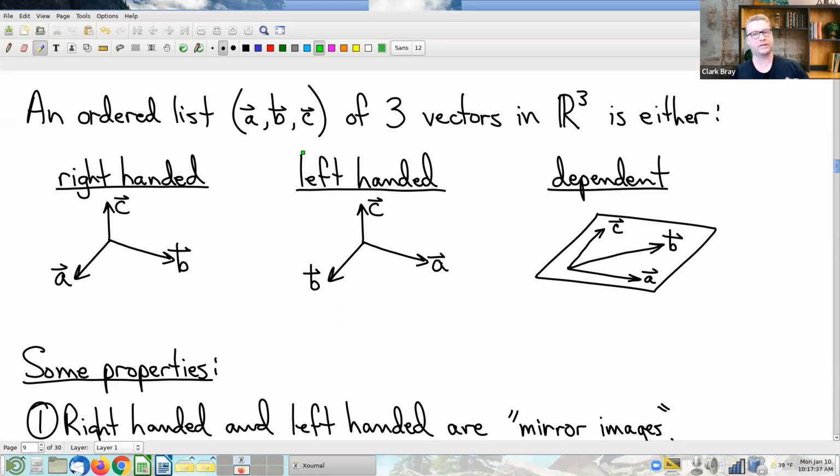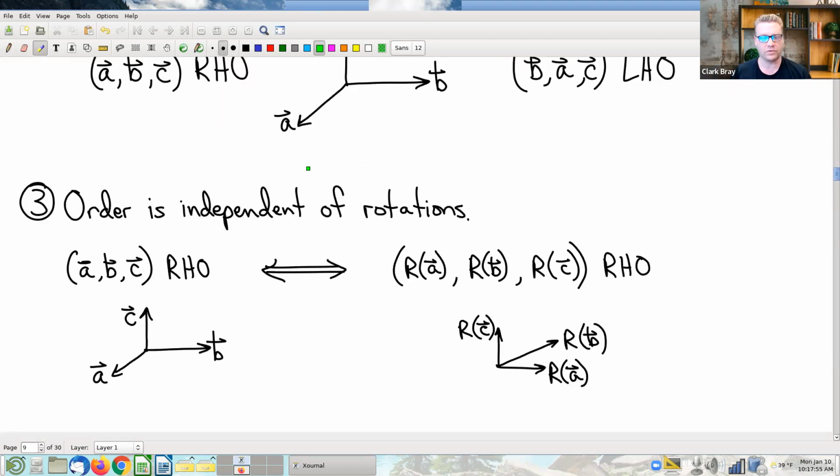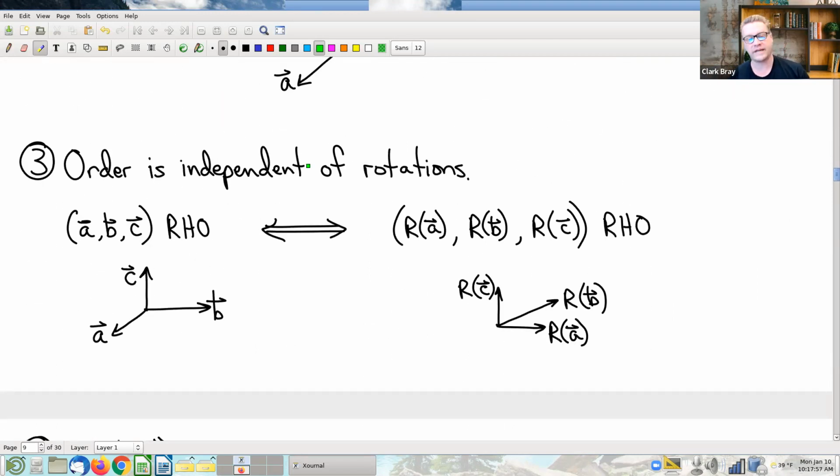Otherwise, play the same game with your left hand. You'll find your thumbs go the other way. This is a good exercise, think this through. Then it's a left-handed list. Again, mirror images: trading changes the order, and it's independent of rotations.